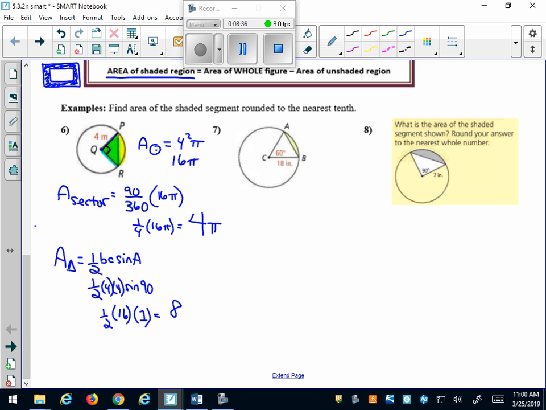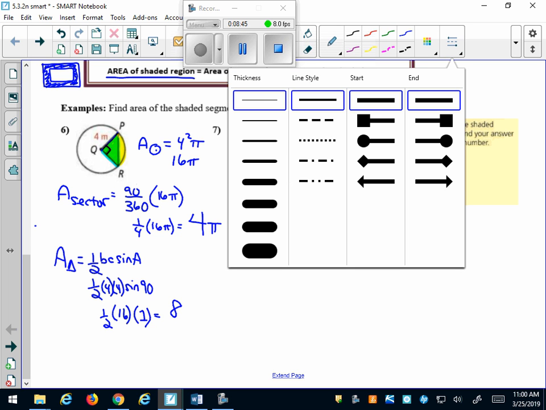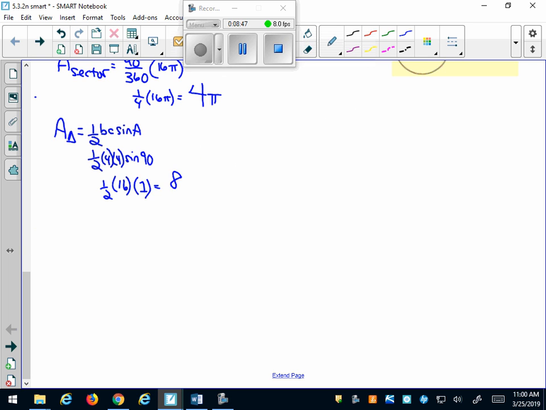So far, so good? Okay. So the area of the segment then, let me change colors, equals the area of the sector minus the area of the triangle.